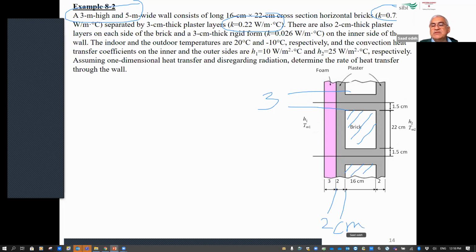So all these dimensions are given now. We know the thickness of each plaster layer, and the inner and outside temperatures are already given. So we have 20 inside, and we have the outside temperature, which is -10.